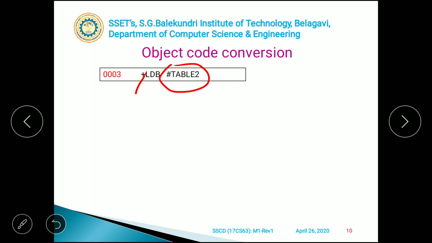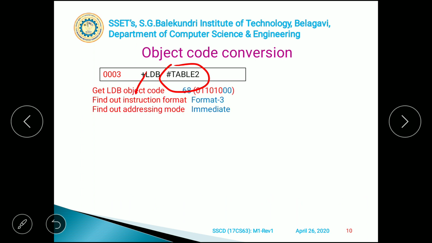So it means that you are asking your assembler to use whatever is there in the table 2 address. Table 2 is a label here, whatever that address is, that itself has to be loaded into a base register. LDB is a base register. So now just check it out here. I'm sorry, here I have written it as format 3, but it should be format 4. This is not a format 3, it is format 4.